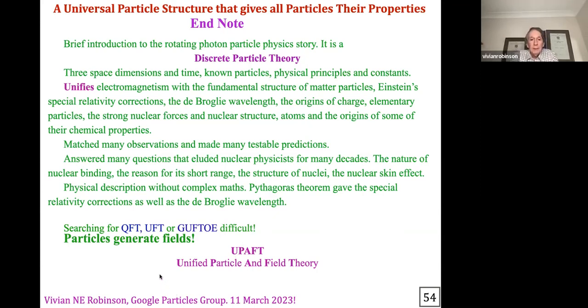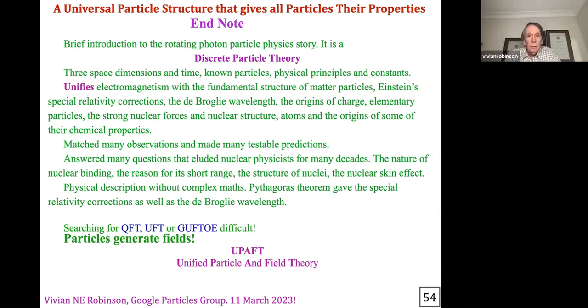I'd suggest that perhaps it's time to try a unified particle and field theory. If starting out with a field theory, as I mentioned before, a photon is an electromagnetic field. If you get it rotating twice per wavelength, you get the particle. So you can start with a field theory and generate the particles and in turn the fields. And I personally think that's a better way of working.